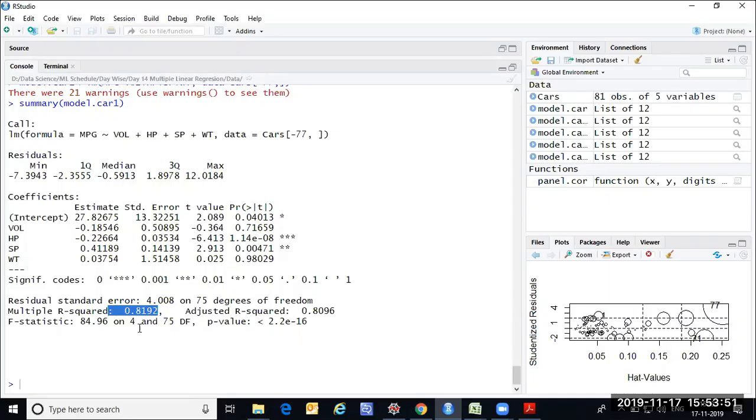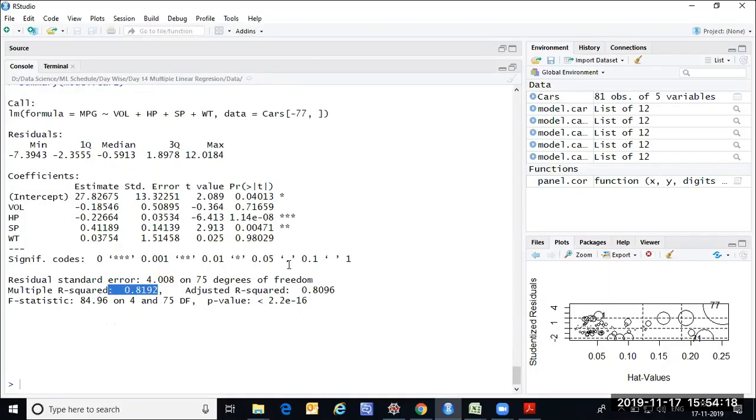But still, can I consider this model? Because the volume and weight are still insignificant. As long as they are insignificant, that means they're not helping me together for a better prediction when I take both of them into my equation.